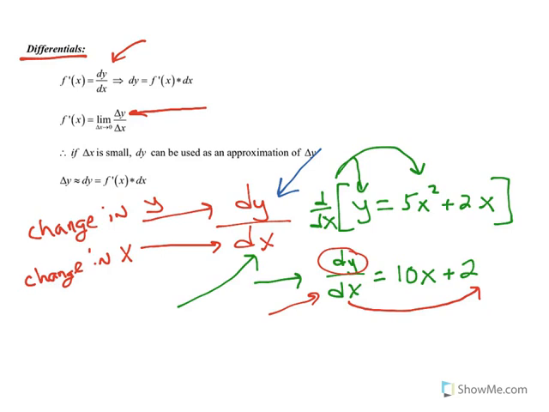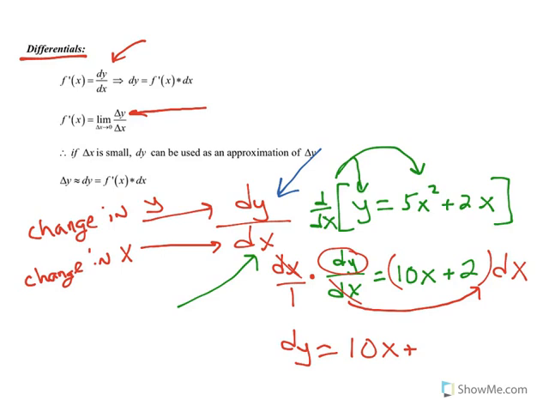If you multiply the left side by dx, then it's going to cancel and you're left with dy. And then whatever you do to one side, do it to the other side. So multiply this side by dx.